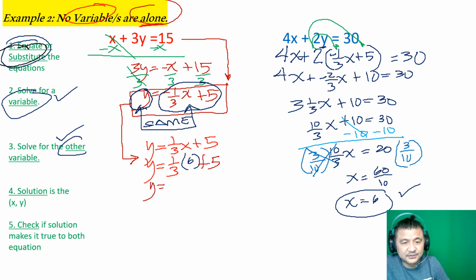That becomes 6 over 3. 6 divided by 3 is 2, plus 5. All right, so y is equal to, oh no, we forgot. There's a negative here. There's a negative there. Therefore, there's a negative there. So our answer should be what?